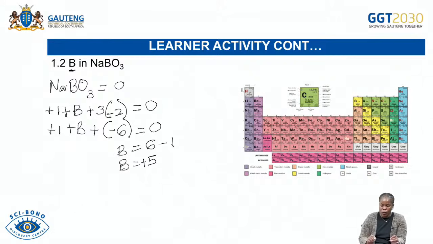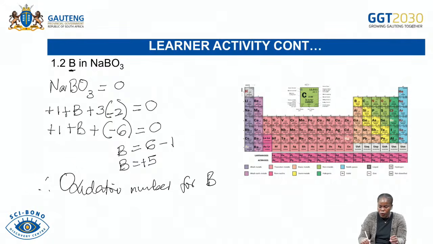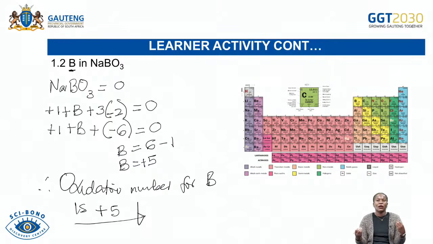Therefore the oxidation number for B, which is your boron, is positive 5. Applying the rules, being friends with the periodic table, and understanding the oxidation numbers of the general charges given to the elements is very important.